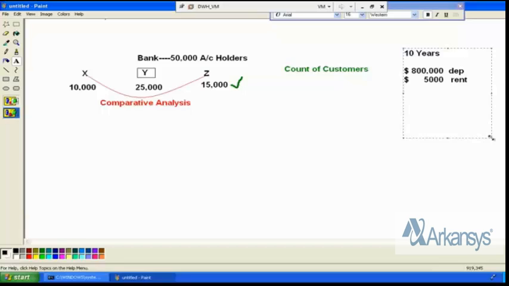Next, we need the infrastructure. The infrastructure is taking something like $400,000, for example. Next, we need resources. When you recruit any resources, we need to pay the salaries.